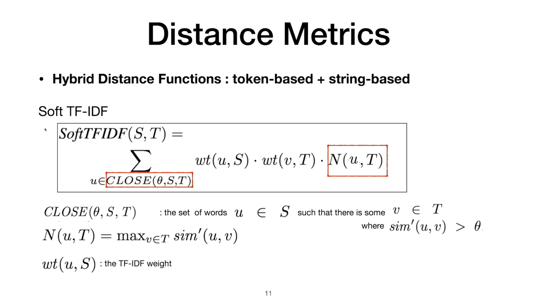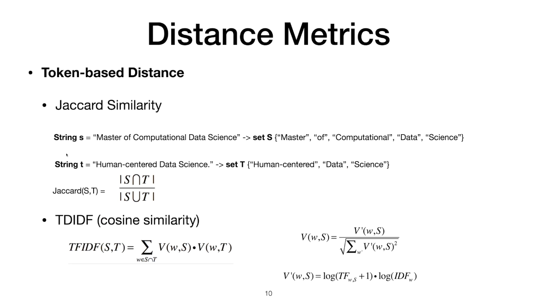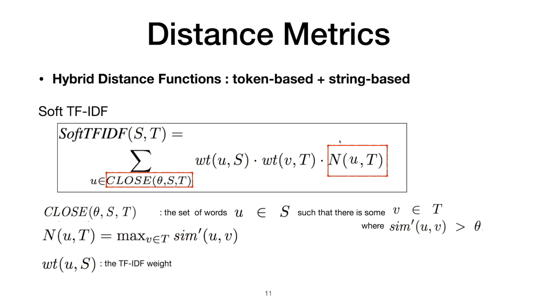We can see that, compared with the previous TF-IDF formula, they have added a third item, which is computed using another similarity function, sim prime. In this experiment, they used Levenshtein distance for sim prime. By doing that, we combine edit-based distance with the original TF-IDF, which is the token-based string distance.